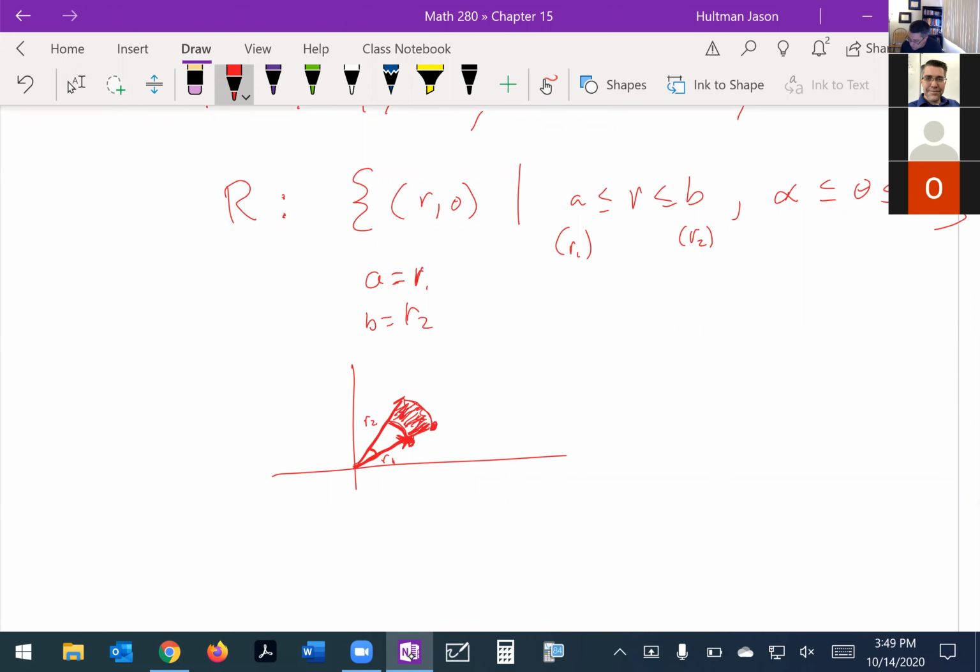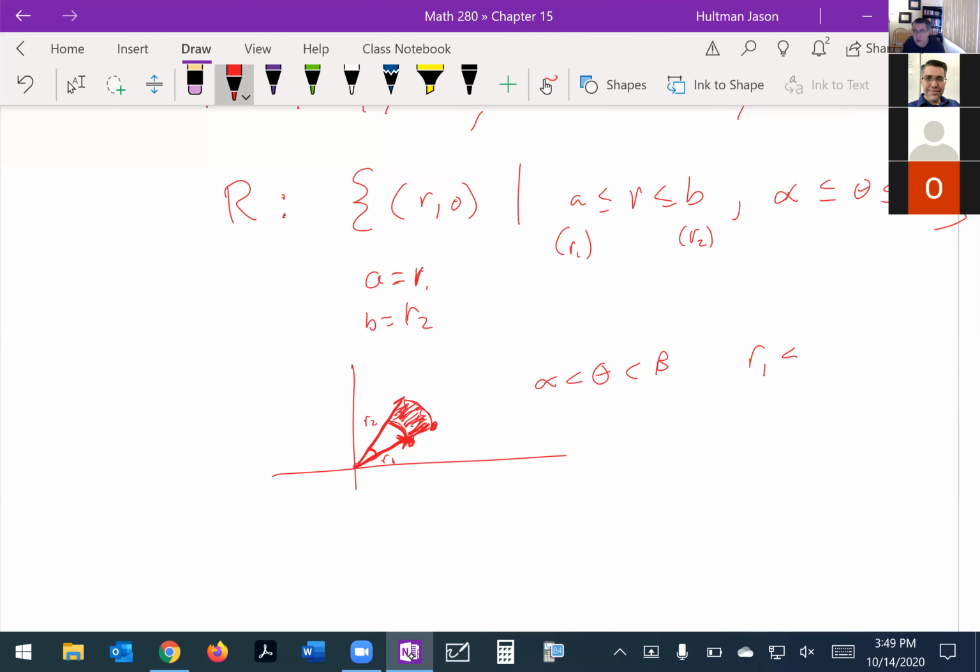So theta goes from alpha to beta, but r1 is less than or equal to r, which is less than or equal to r2.